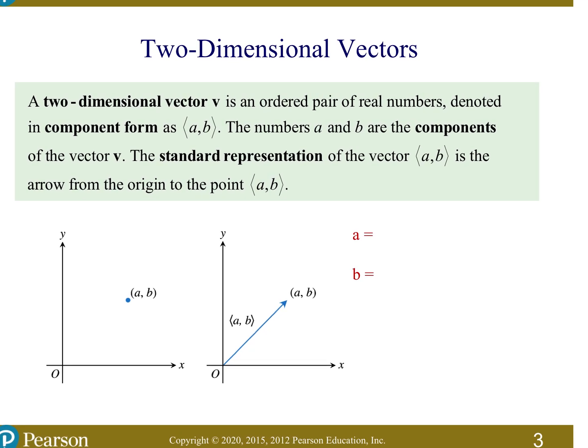A 2-dimensional vector is denoted with the triangular brackets, the angled brackets. So when you see that, you know that we're talking about vectors. A and B are the components. A is the horizontal component, or the x, and B is the vertical component, or the y.